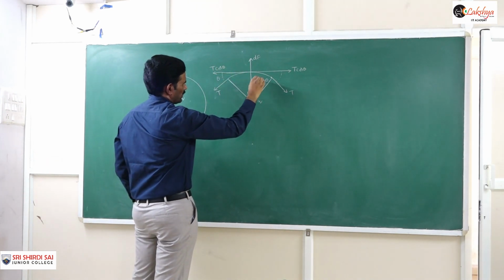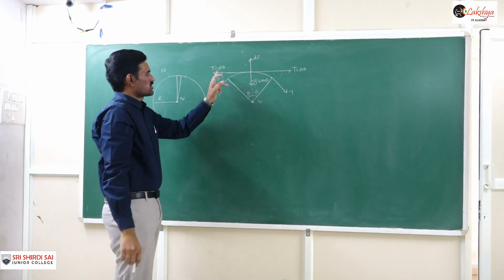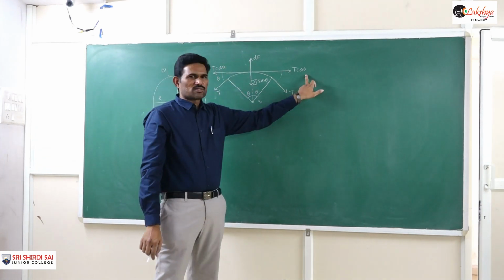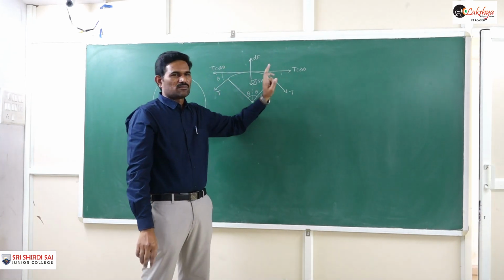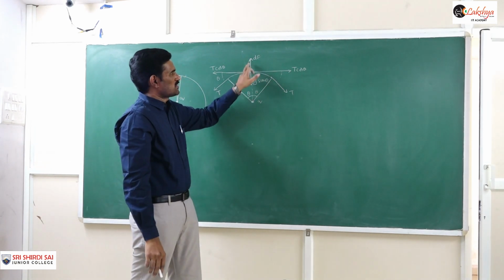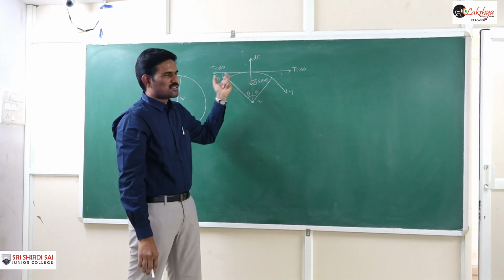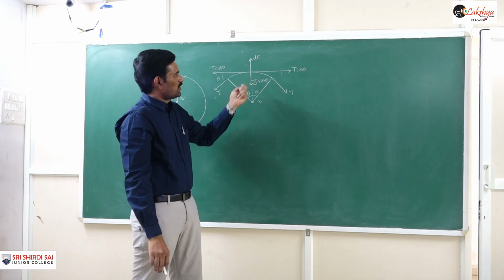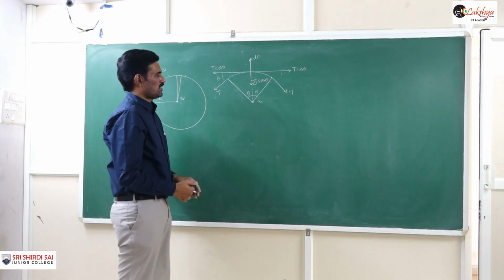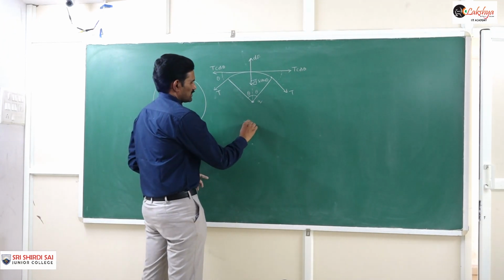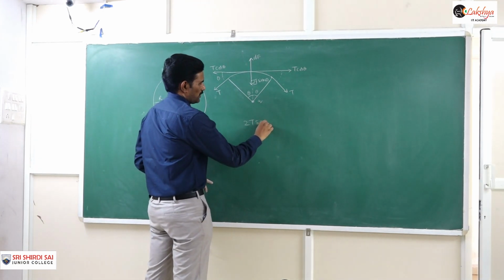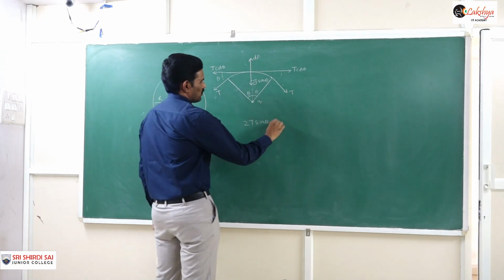So I am writing it as 2T sin theta. The T cos theta terms cancel, and then we only need to balance these two forces, dF and 2T sin theta. As the system is in equilibrium, they are equal. So 2T sin theta is equal to dF.